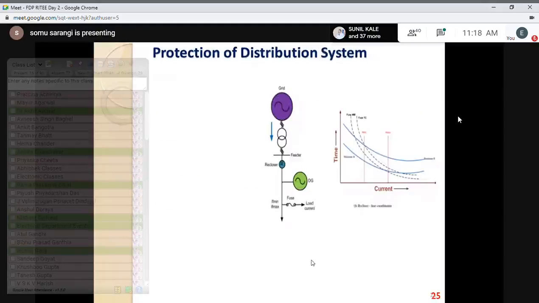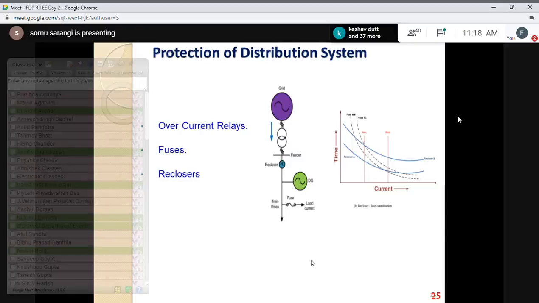Now let us talk about the protection of the distribution system we have. In our distribution system, normally whenever a fault occurs, the faulty section must be disconnected. To disconnect the faulty section, we have a combination of overcurrent relay, fuses, and the recloser.